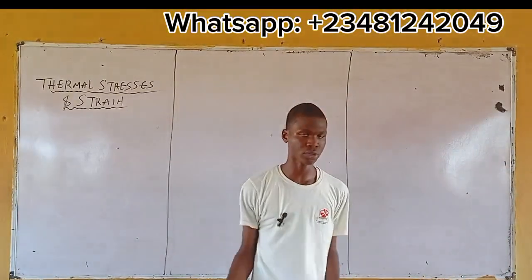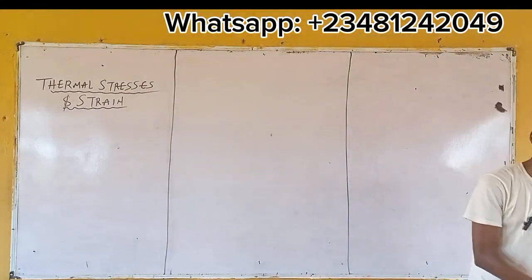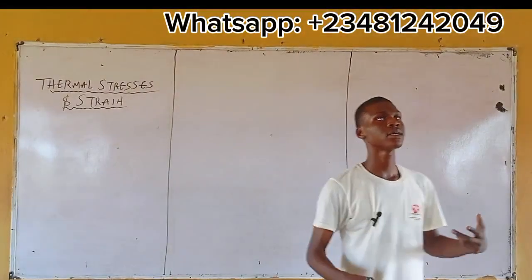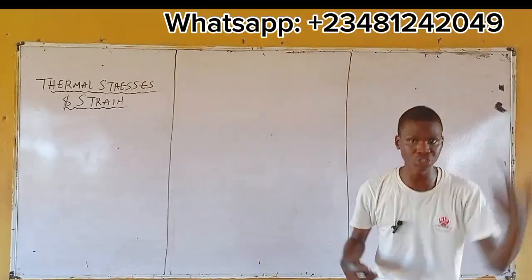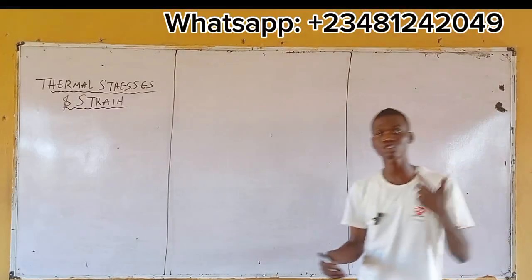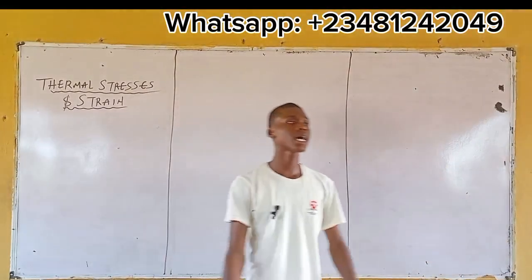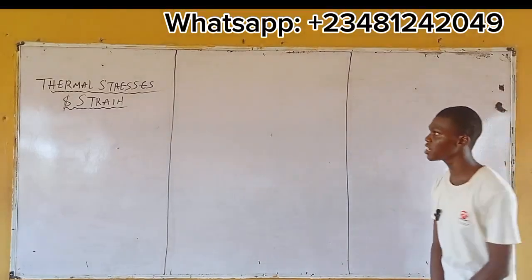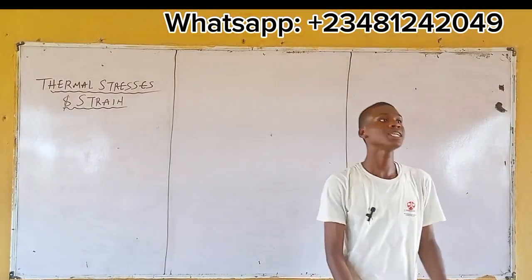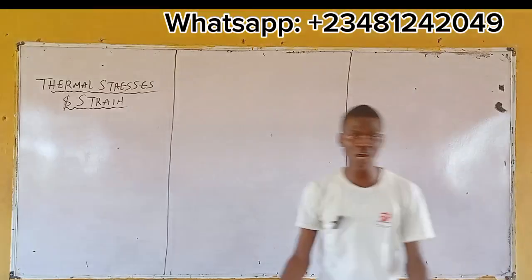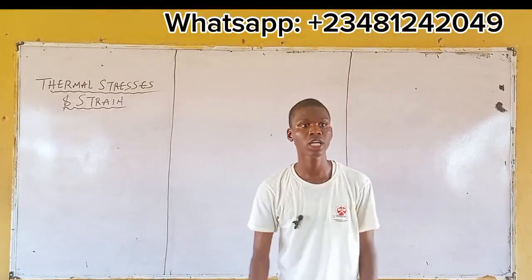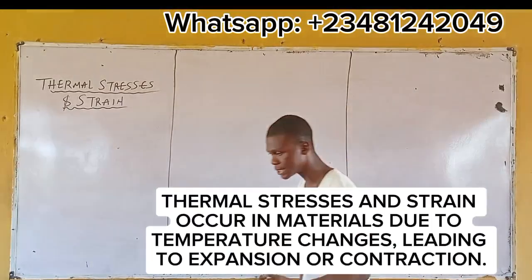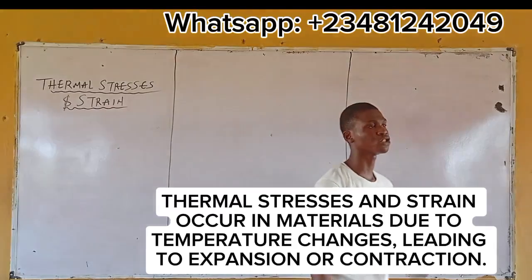From the whole explanation we've done, you can simply define thermal stresses and strain as the elongation or the contraction that occurs in a body when this body is subjected to heat.